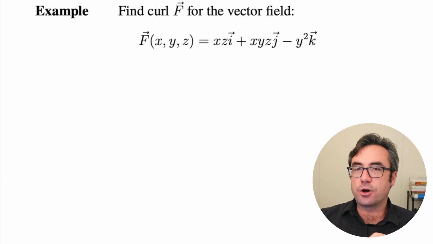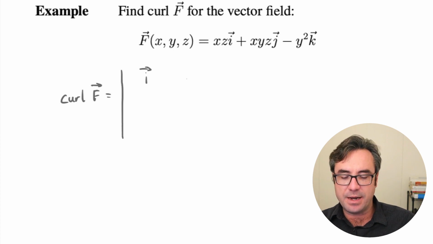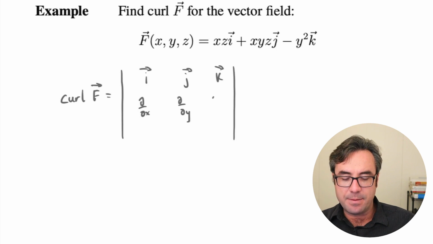So we're going to calculate the curl of this vector field. And again, let's set up our cross product here. So we'll write this as a 3x3 determinant. We have i, j, k along the top row. And then we put our partial derivatives, so partial x, partial y, and partial z in the middle row.